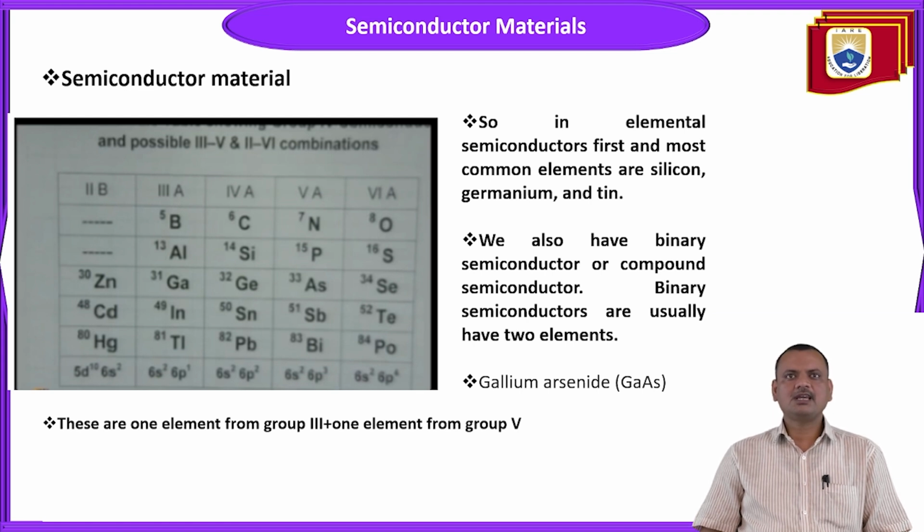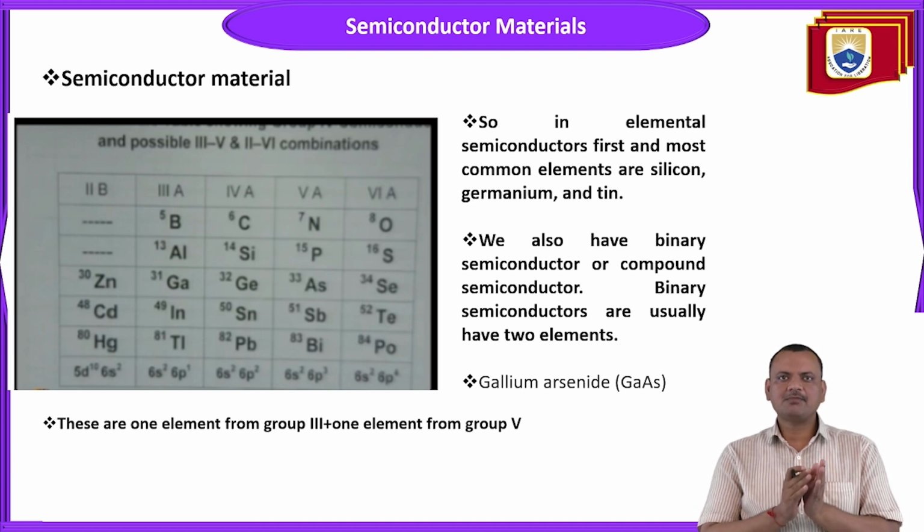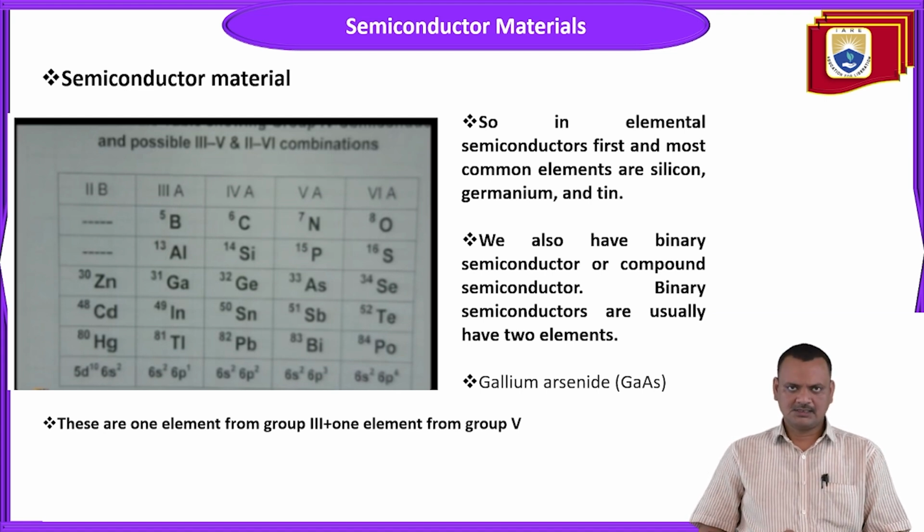Gallium is a third group element and arsenic is a fifth group element. So by mixing third and fifth group elements you can also get semiconductors. These are generally known as third-fifth group semiconductors.